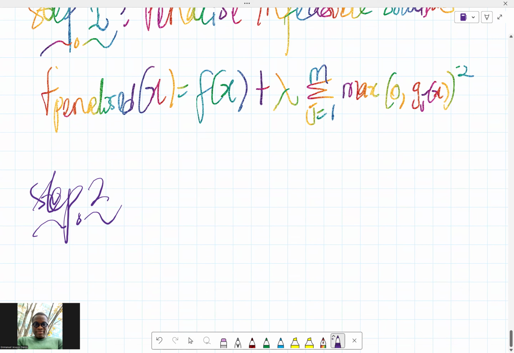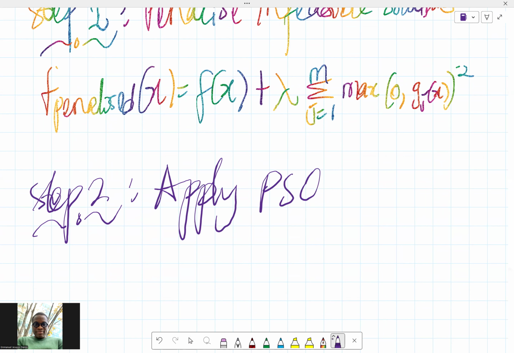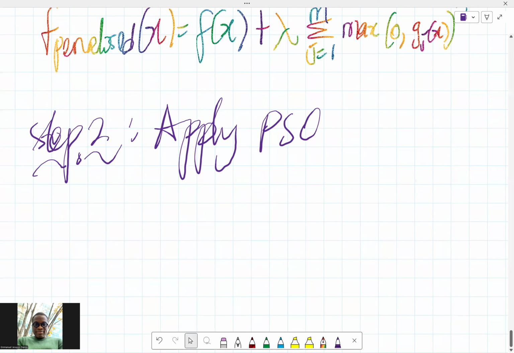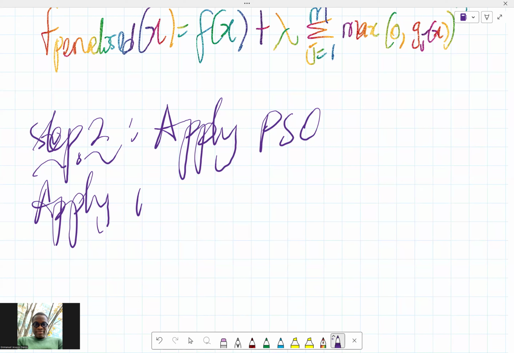So in step 2, we're applying PSO. The application of PSO has been explained earlier, right? So apply the standard PSO algorithm, like the 5 steps we did for the first example, that's the same thing.